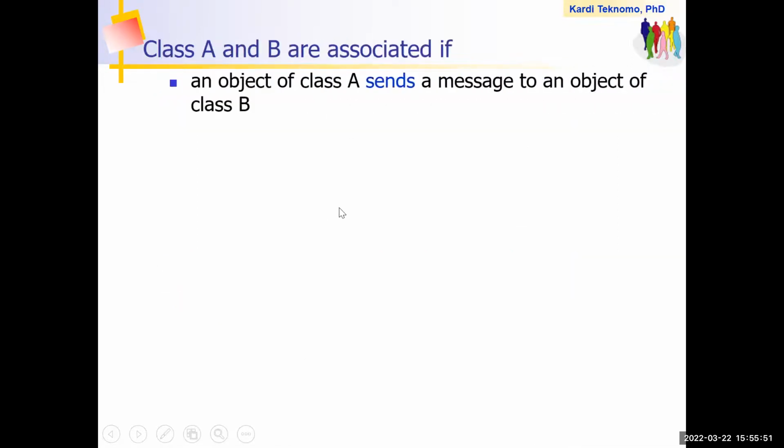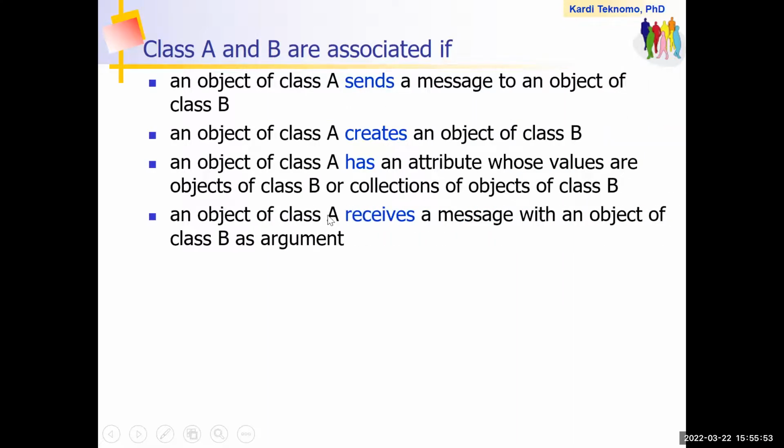Okay, let's go to the next one. So a class A and B are associated if the object of class A sends a message or creates or has an attribute whose value will be related to class B, or receives a message.